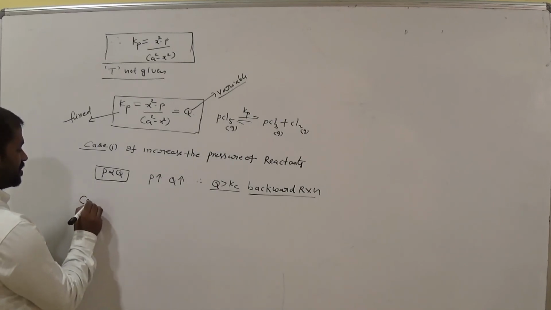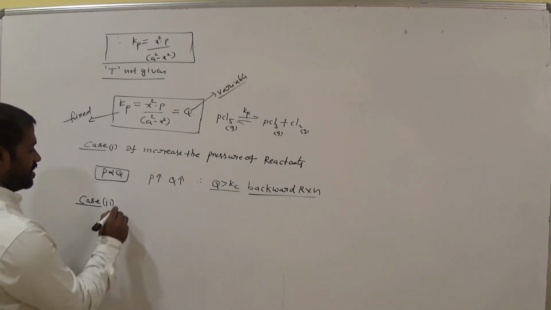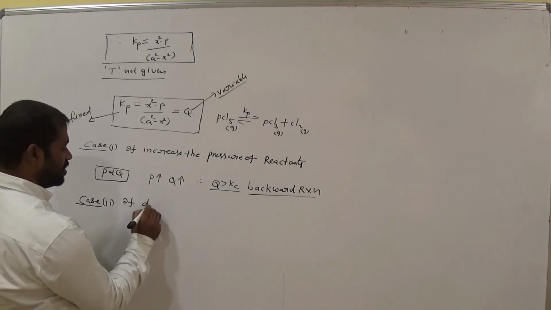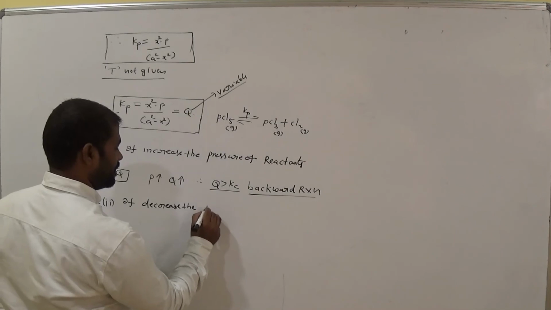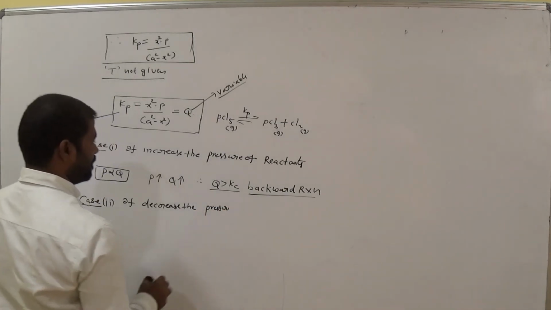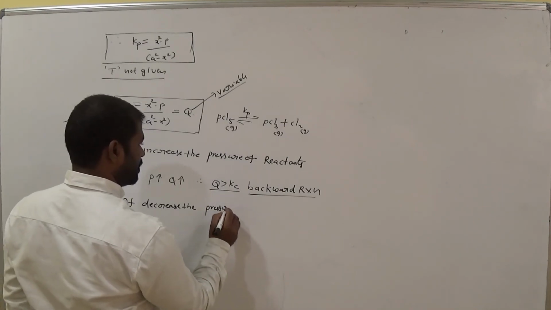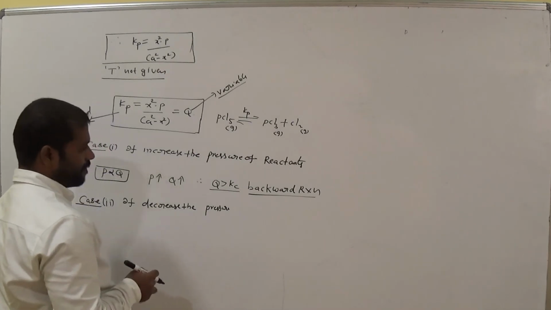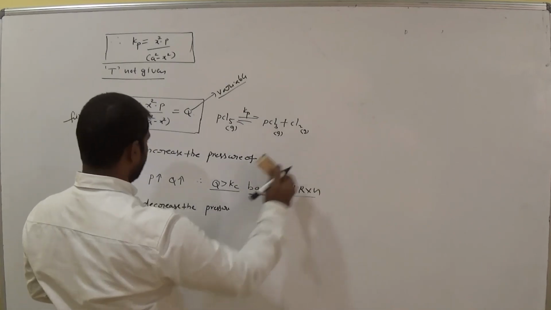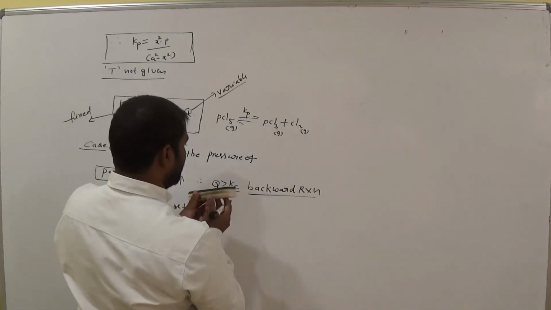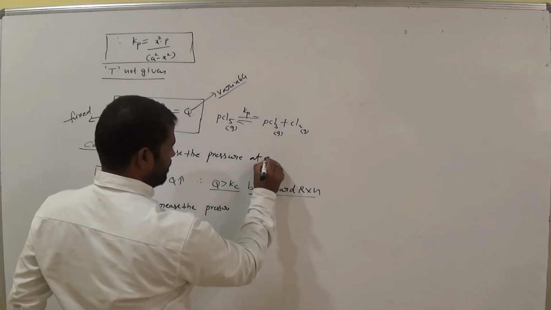In case 2, if we decrease the pressure, just a small correction: this is about increasing the pressure at equilibrium, not for reactants and products, at equilibrium.